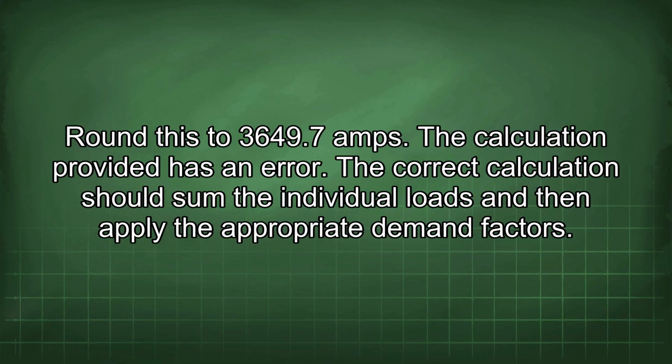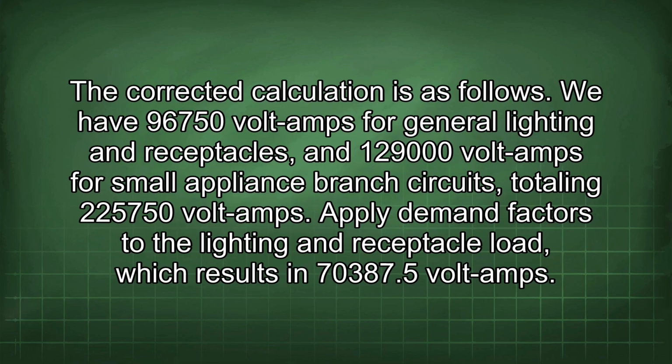The correct calculation should sum the individual loads and then apply the appropriate demand factors. The corrected calculation is as follows. We have 96,750 volt amps for general lighting and receptacles, and 129,000 volt amps for small appliance branch circuits, totaling 225,750 volt amps.